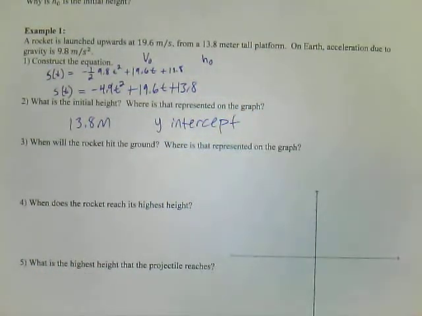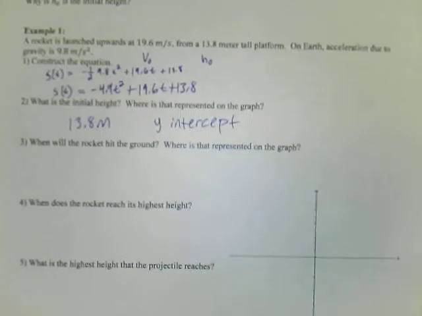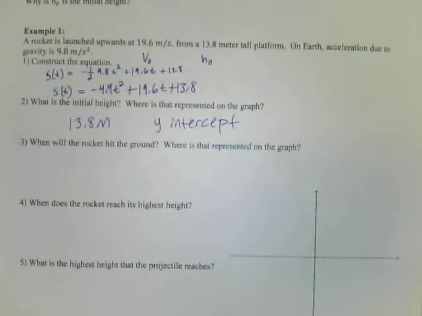So this is why we've spent so much time finding y-intercepts. It's because when you apply parabolas to real-world situations, the x and y axes actually tell you something about what's going on. And so the y-intercept in this case is the initial height. It's how high the rocket is when we initially launch it.